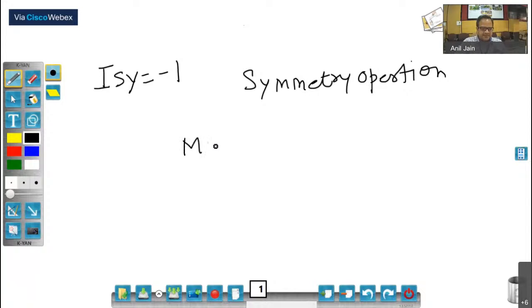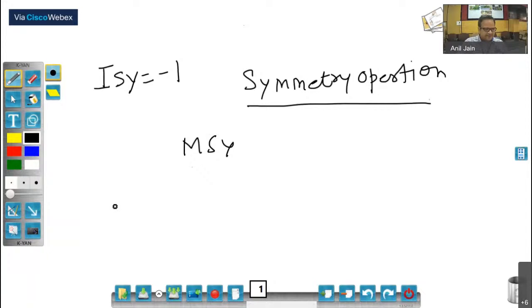Like I will write something like magnetic symmetry. I will not give this basis vector, but I will give these symmetry instructions in the PCR file.